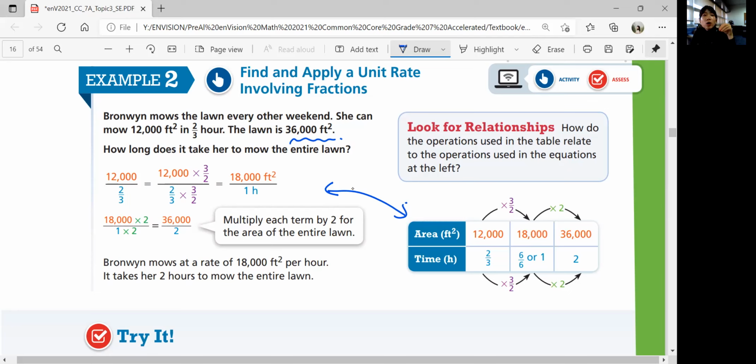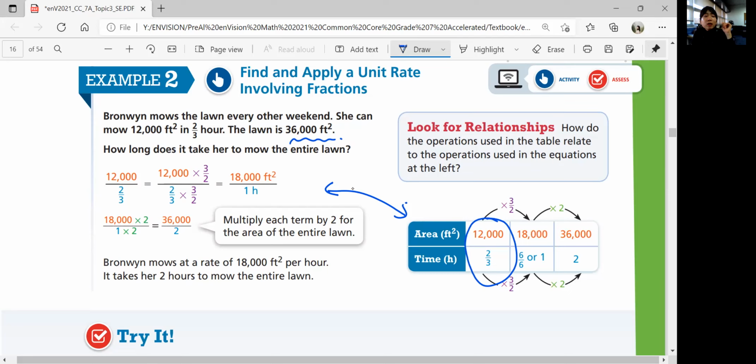Okay, so you can cover 12,000 feet square in 2/3 hour, right? A third hour would be 20 minutes, right? 2/3 would be 40 minutes. So in 40 minutes, she would cover 12,000 feet square. The lawn is 36,000 feet square. So how long does she need to mow? You can multiply different numbers to see how much area they would cover.